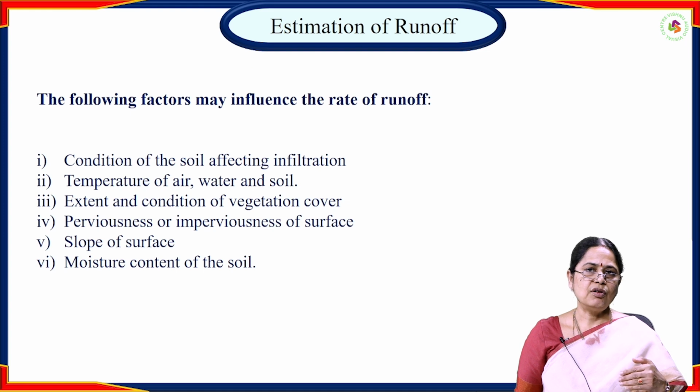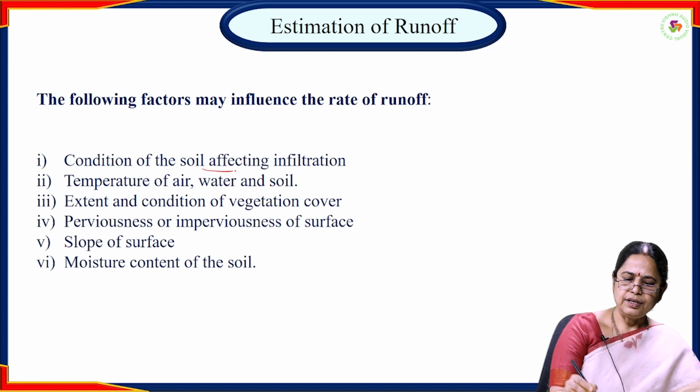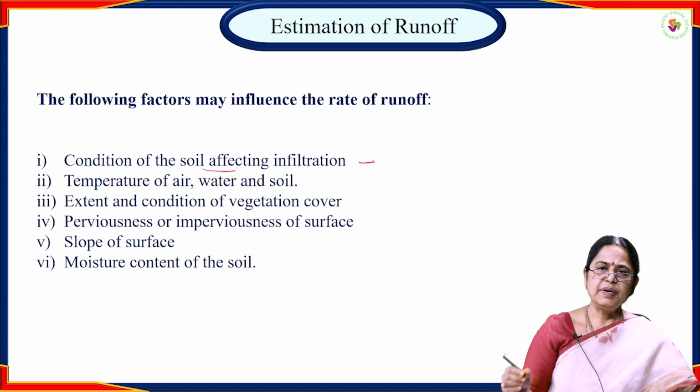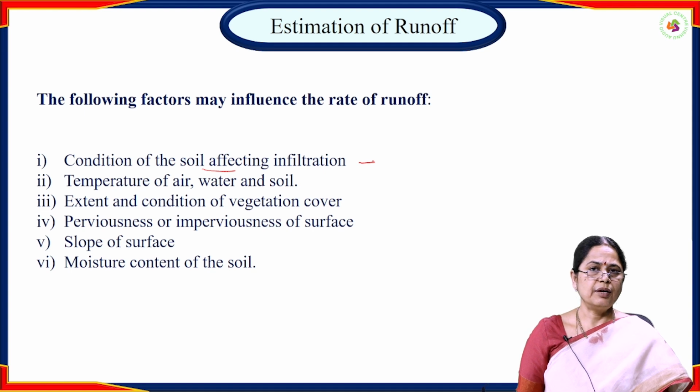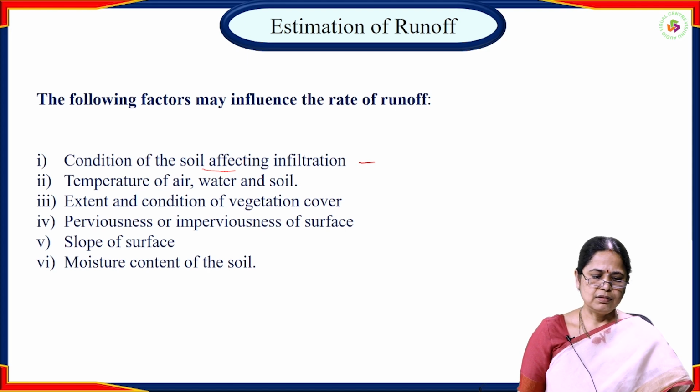Some of the factors also need to be considered in the estimation of runoff. Those are the condition of soil affecting infiltration. This is based on the different types of soil; gravel, sandy, sandy loam and sandy clay soils are free-draining soils. In those soils, the runoff may be less.